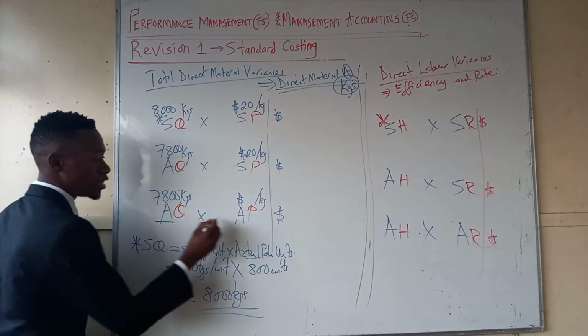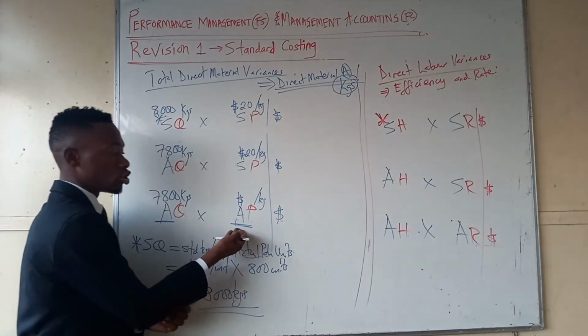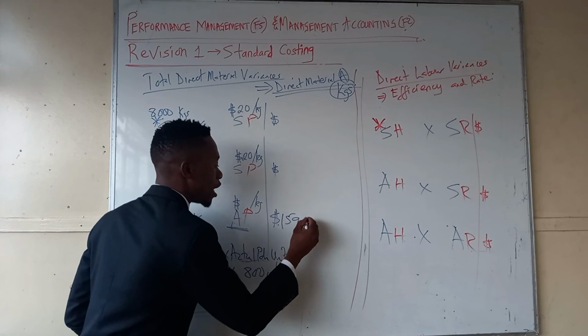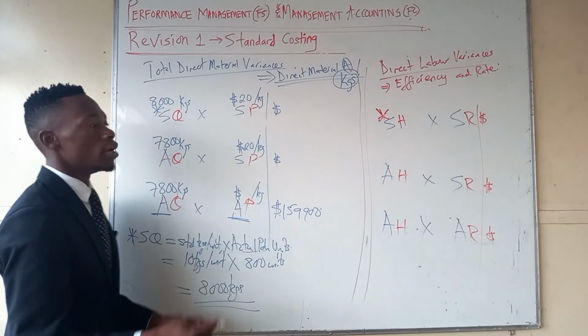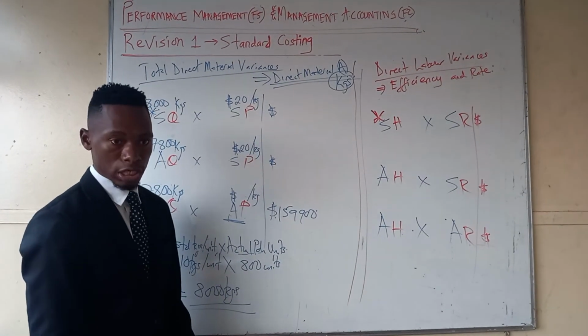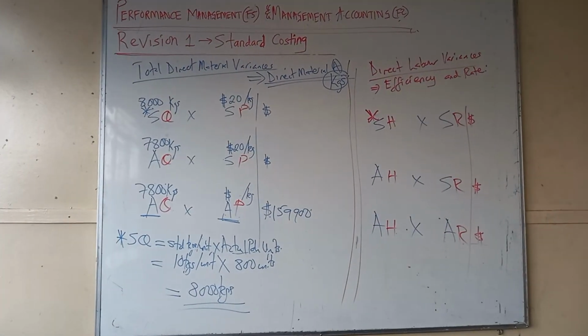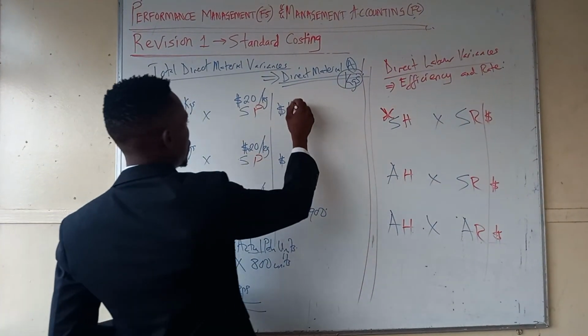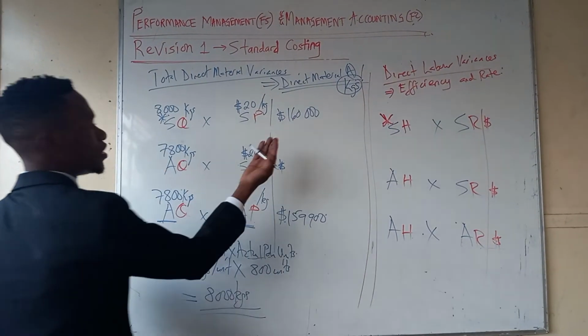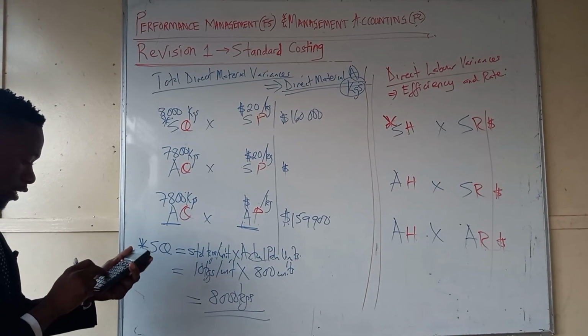This is A, actual. So there's no need to calculate the actual price, because our aim is to get these totals right.